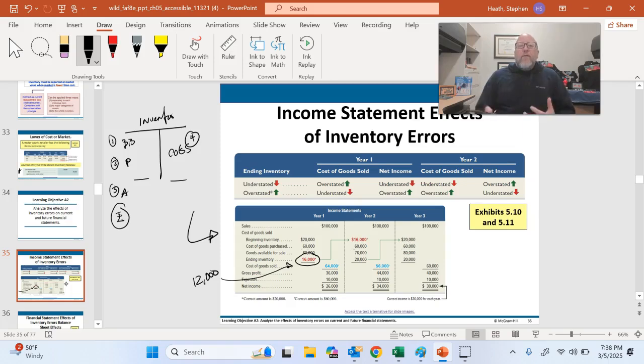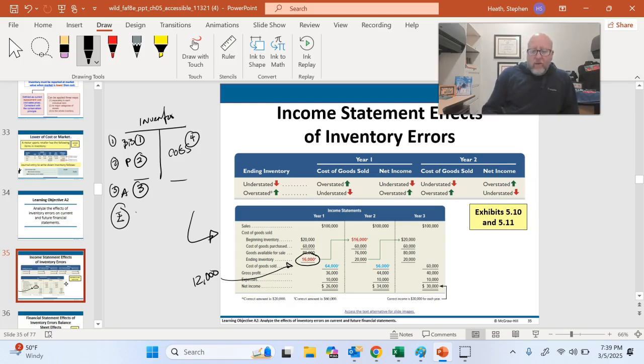The way that we calculate ending inventory is we physically go to the inventory space and count up and add up all of the cost of inventory. So what we actually do is we start with beginning balance. We then add all the purchases to derive everything we have available for us.